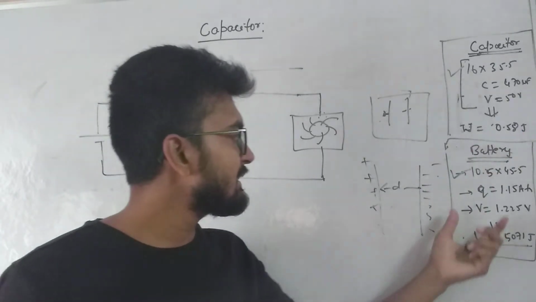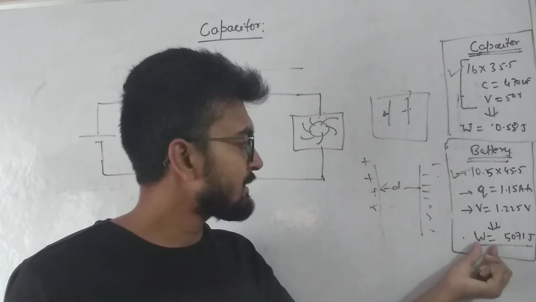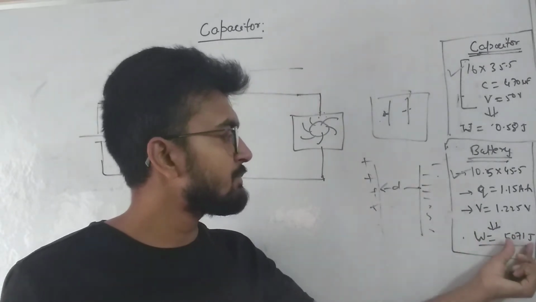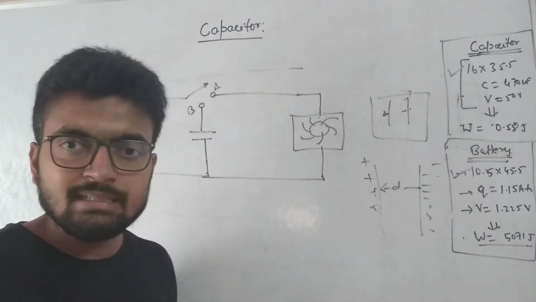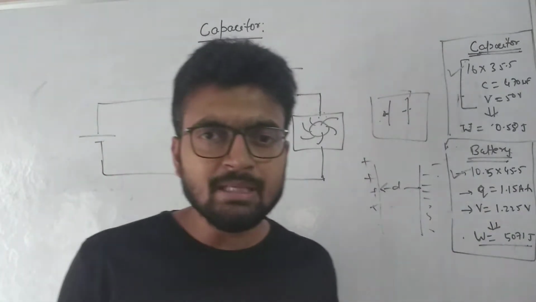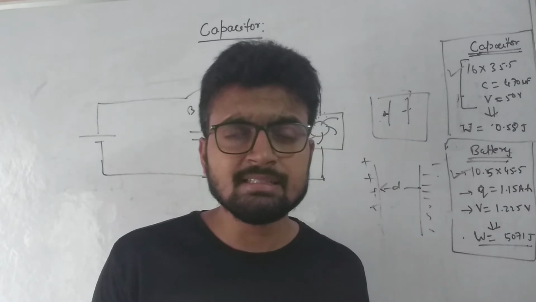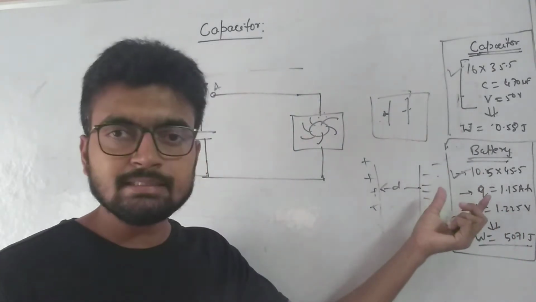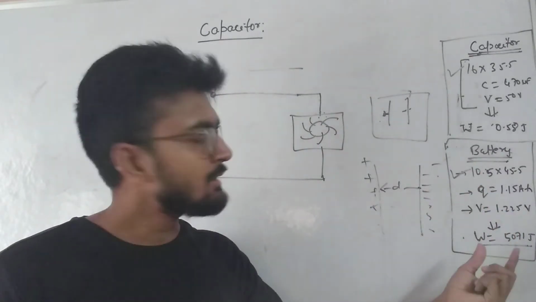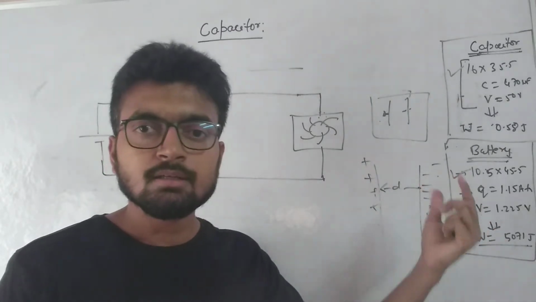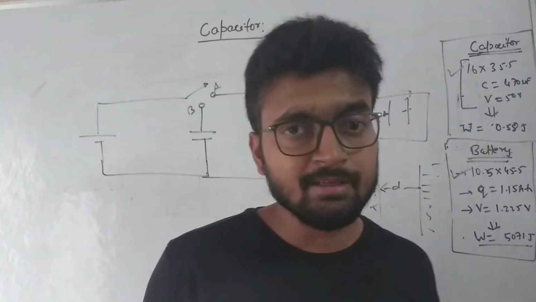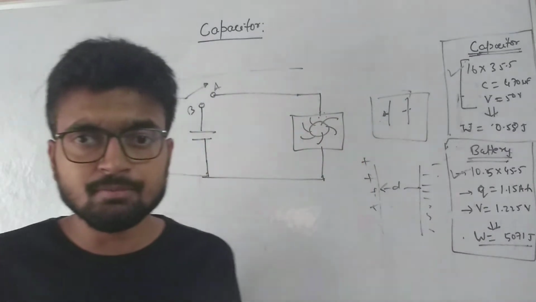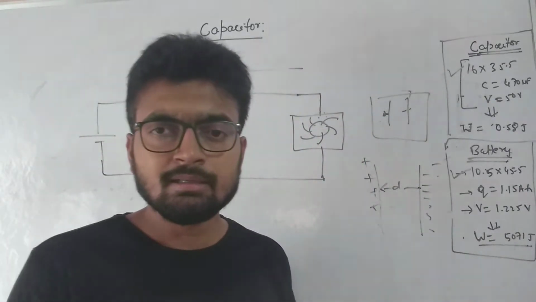But the energy which a battery usually has is 5071 joules. So for the same dimension, a battery has almost 10,000 times larger energy than a capacitor. So a battery is a huge source of energy, but both have different works and are uniquely great.